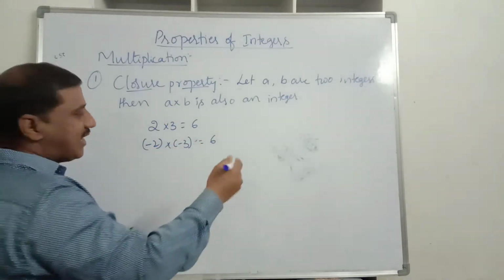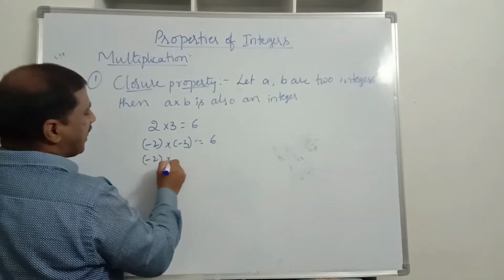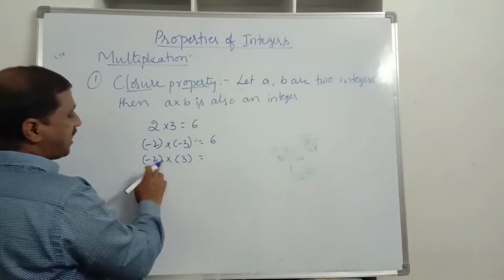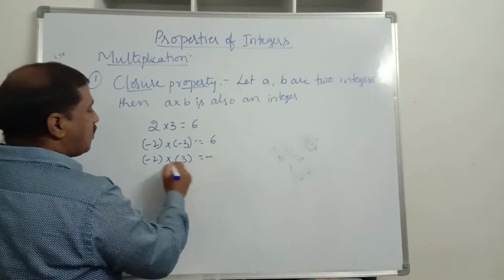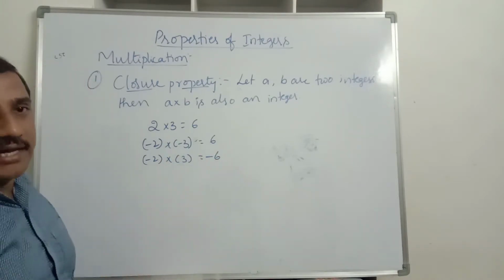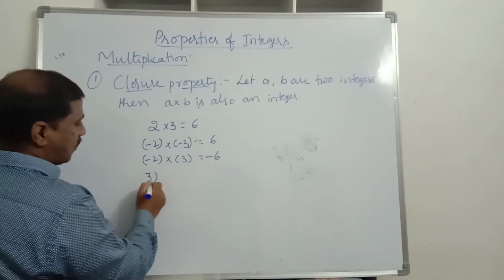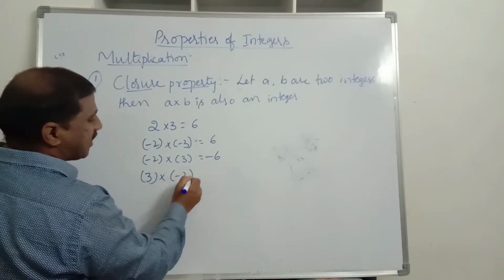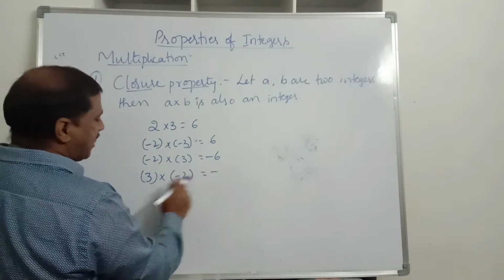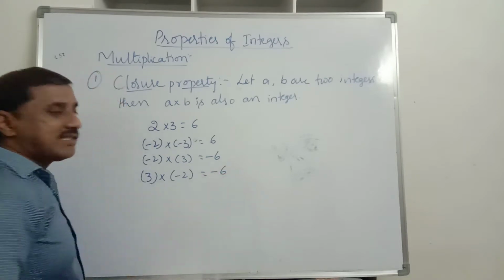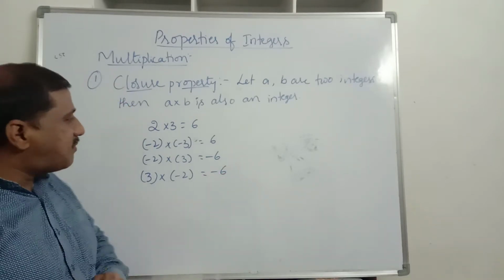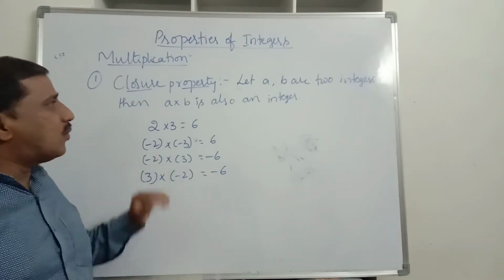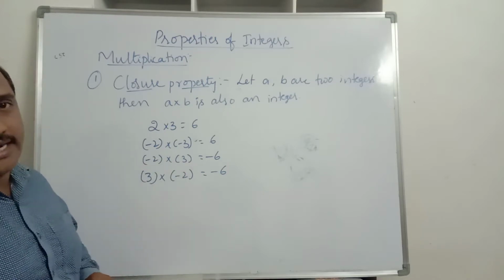It is also an integer. Minus 2 into 3: minus into plus, 2 into 3 is 6, so minus 6. 3 into minus 2: plus into minus, 3 into 2 is 6, minus 6 we got. From these examples, the product of any two integers is also an integer.